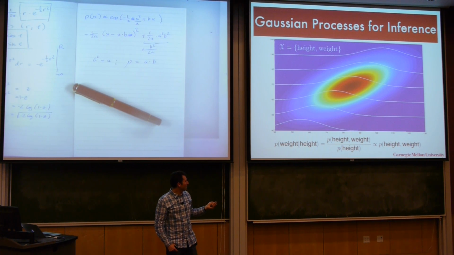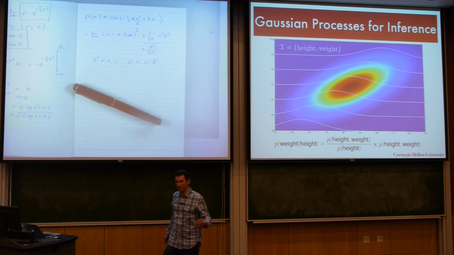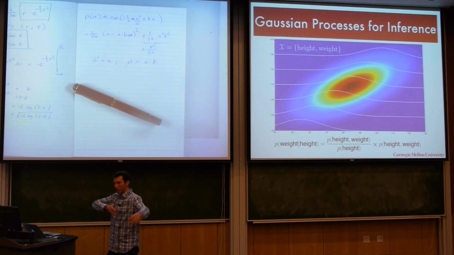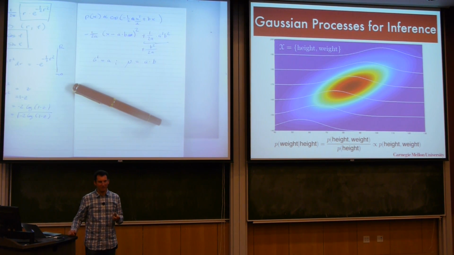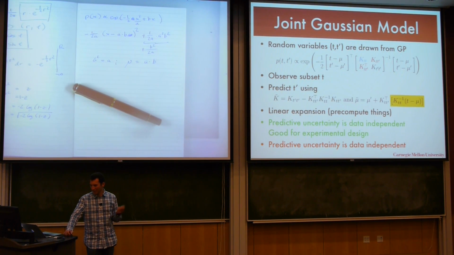And what we want to do in this 2-dimensional Gaussian process is infer weight given height. We basically want to regress from the height on the weight. After all, that's what regression is, right? You observe some things, you want to infer the other parts. Now, here comes our Gaussian again.